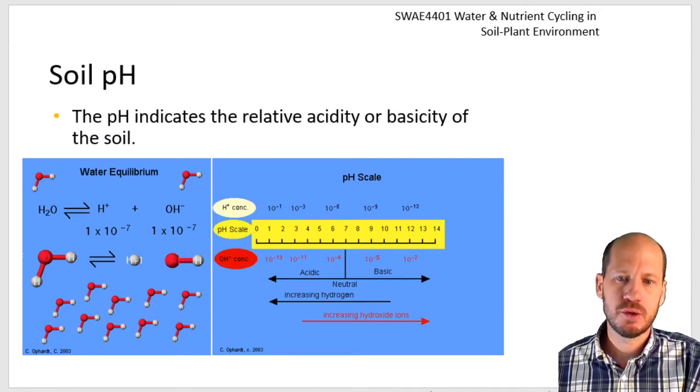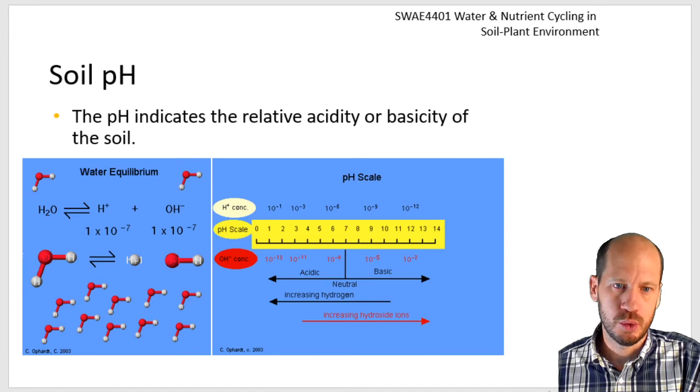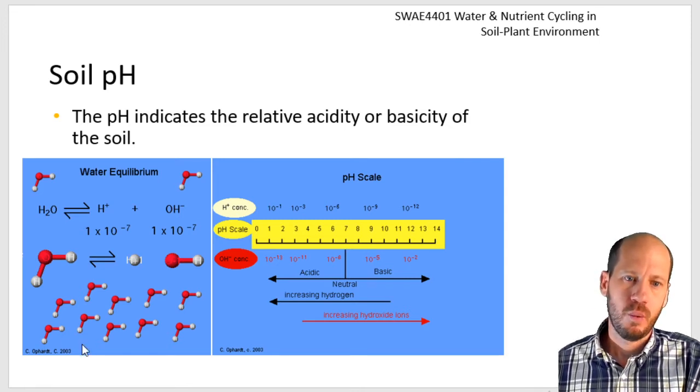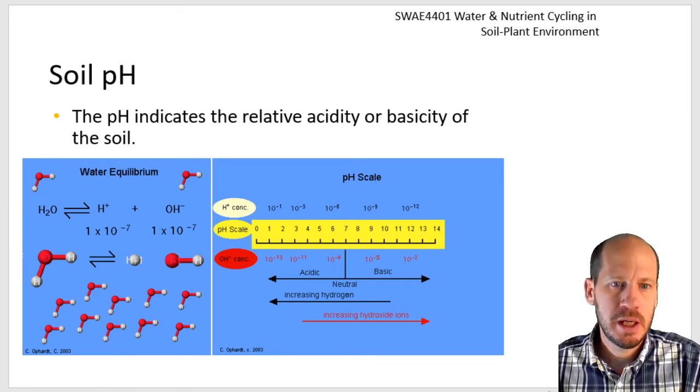What is pH? Just reminding you again, pH is the concentration of H plus in any solution. And why do we care about pH? Water by itself dissociates into H plus and OH minus.